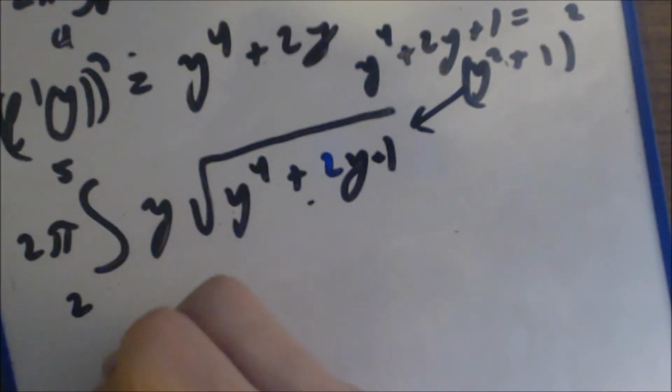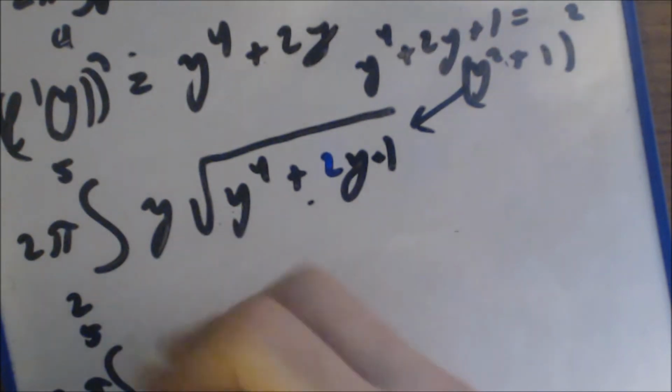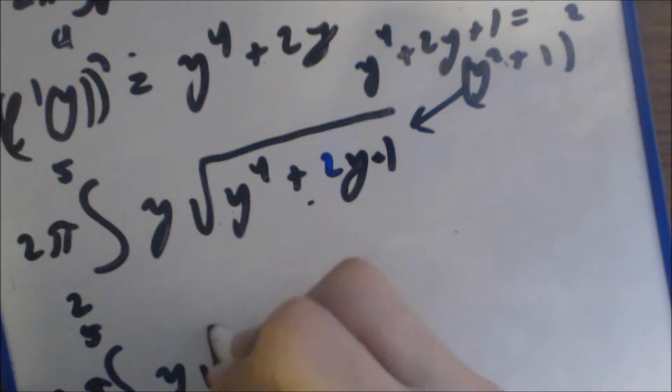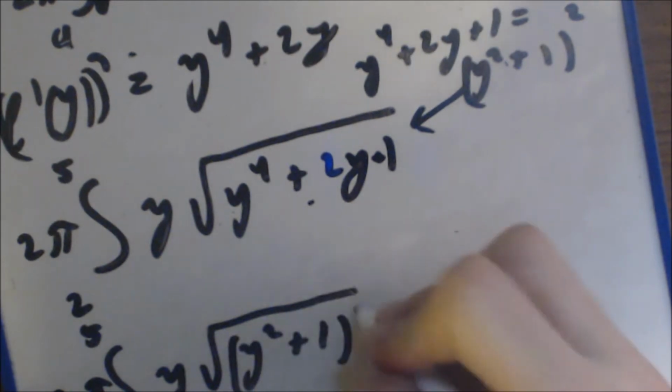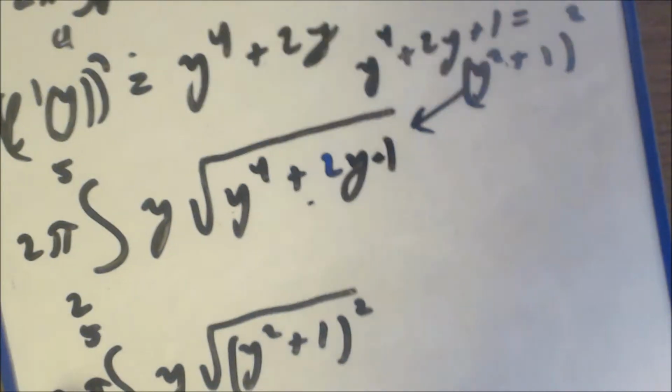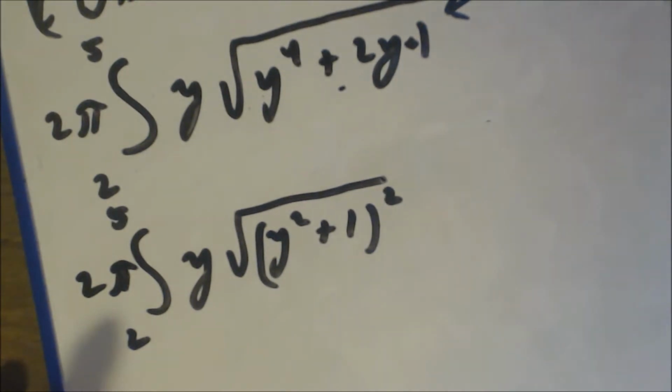So this is actually the integral from 2 to 5 of 2 pi times y radical y squared plus 1 squared. And look at that, the square root actually cancels the square.